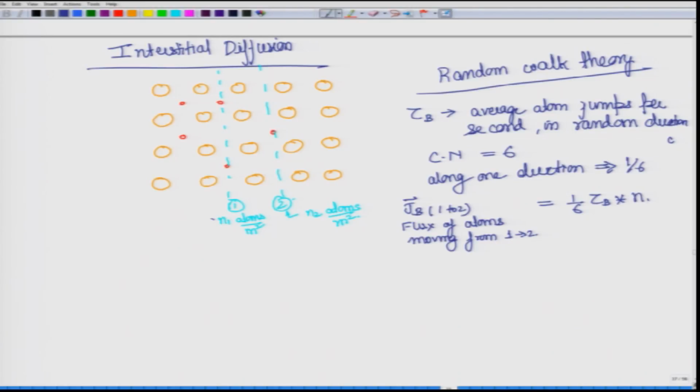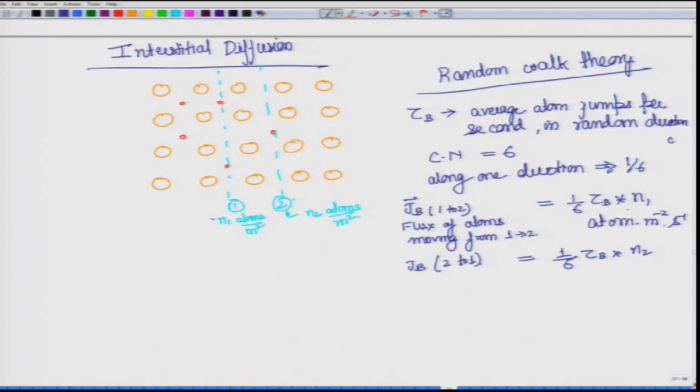So, this will be equal to N1, and the units would be atoms per meter square per second. Similarly, there will be flux of atoms from 2 to 1, and this will be similar, except density on the other side will be different, which is N2. As you can see, this is a lower quantity, this is a higher quantity.